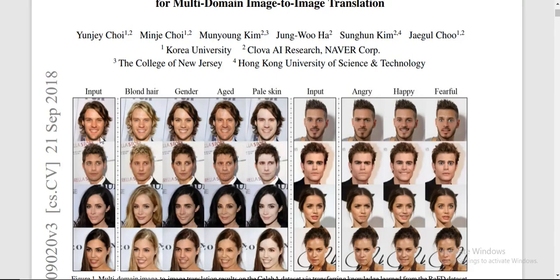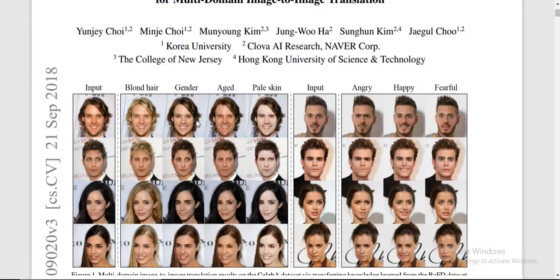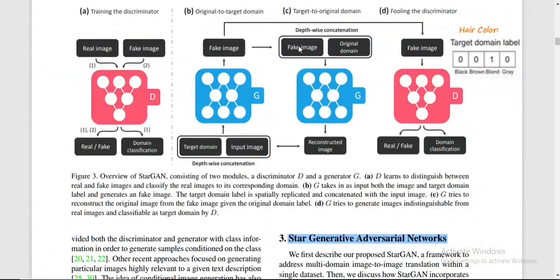So that is guaranteed by the reconstruction loss, and reconstruction loss is simply like we get the generated output, and this generated output goes again to our generator, given the fake image conditioned on the original domain, and it produces this reconstructed image.